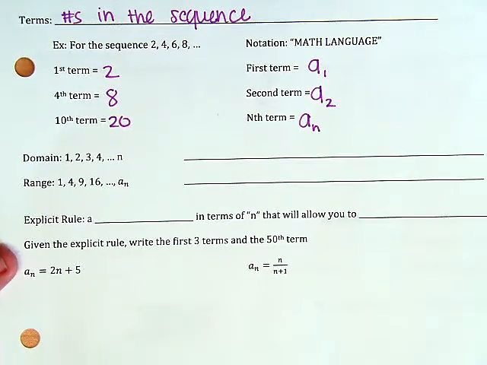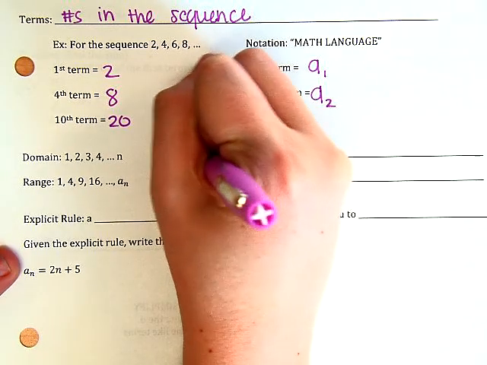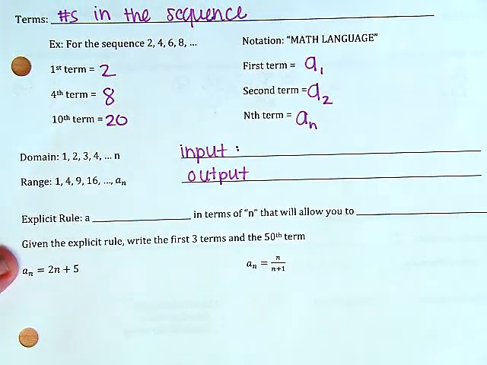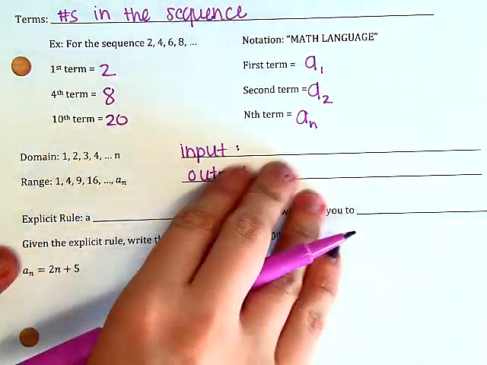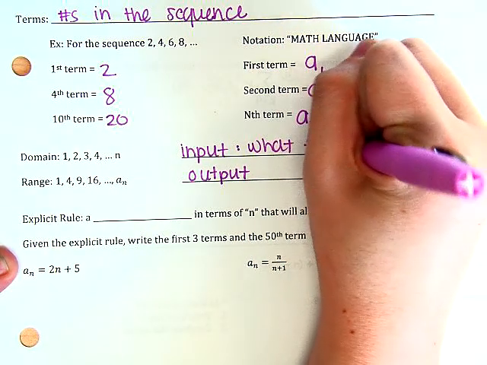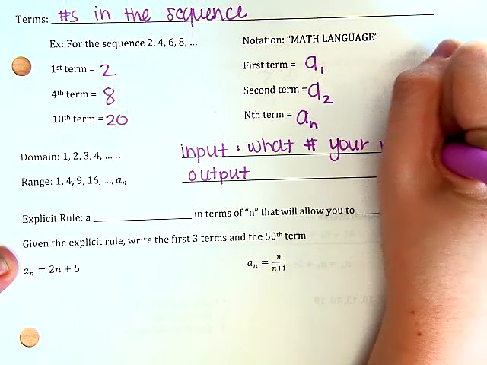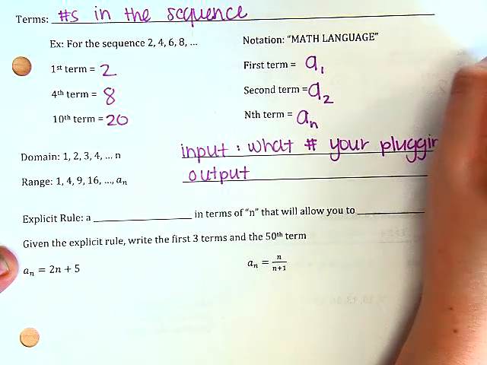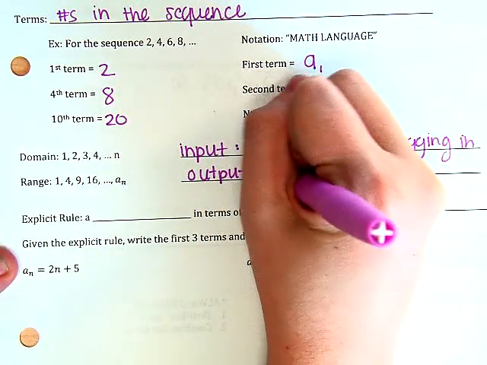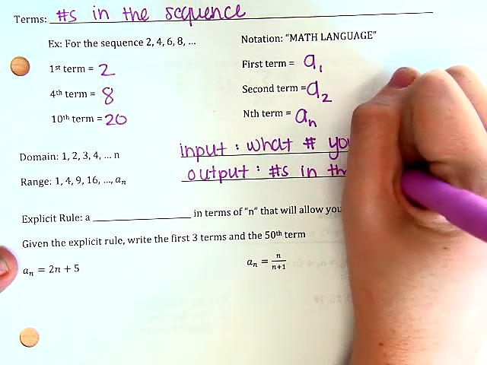For domain and range in this, domain is your input, range is your output. So input, your domain, that's what number you're plugging in. Your output is your numbers in the sequence.